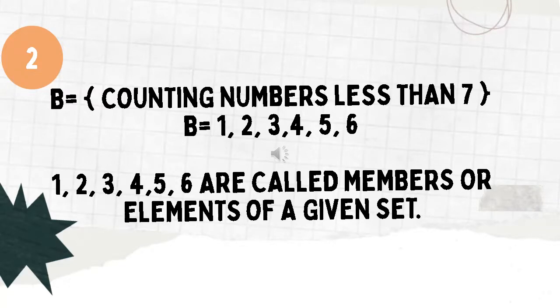Okay, so ano yung mga numbers that is less than 7? So, set B is a set of 1, 2, 3, 4, 5, 6. So, in short, 1, 2, 3, 4, 5, 6 ay yung mga numbers or element lamang na mababa sa 7.